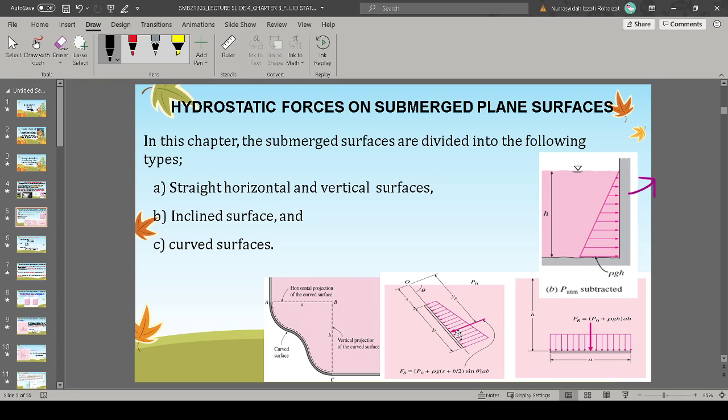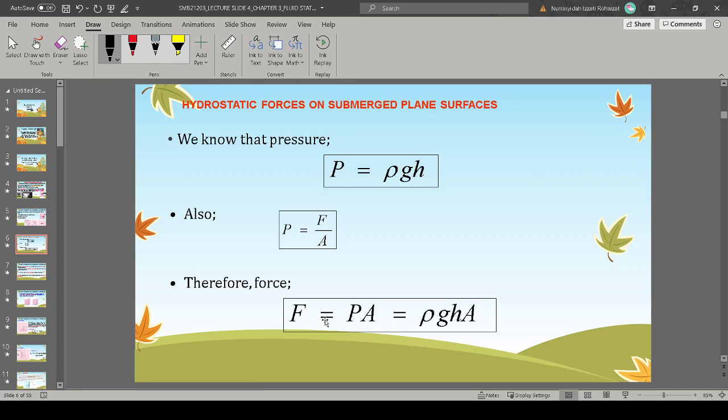See this: this is the resultant hydrostatic force acting on the plane. They are all perpendicular to the surface, so it is actually 90 degrees, all of them. Okay, this is for a curved surface.